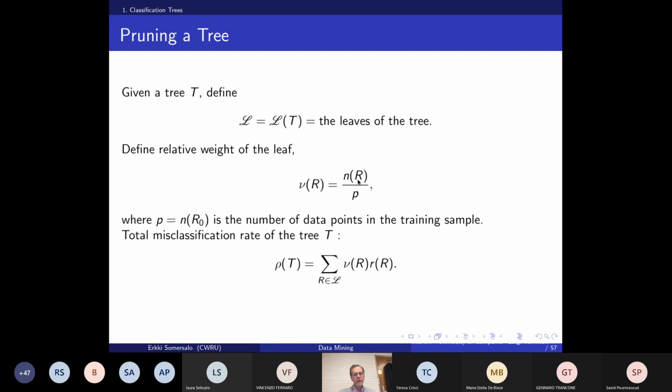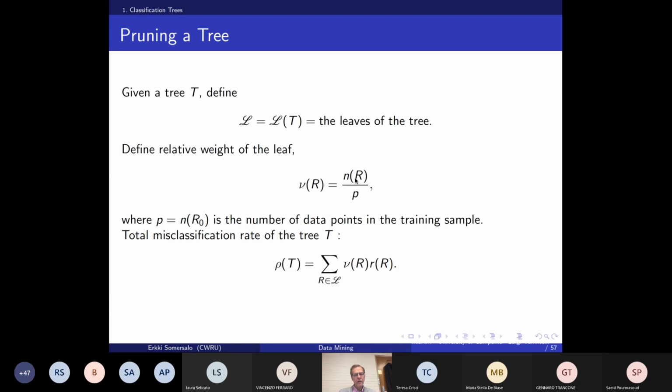you take the original data set where you had P data points. So P is the total number of data points. R is a leaf. And so now you're asking what percentage of all data points belong to the rectangle that is this leaf R. And so NR is the number of points in the leaf, and P is the total number of points in your data set.